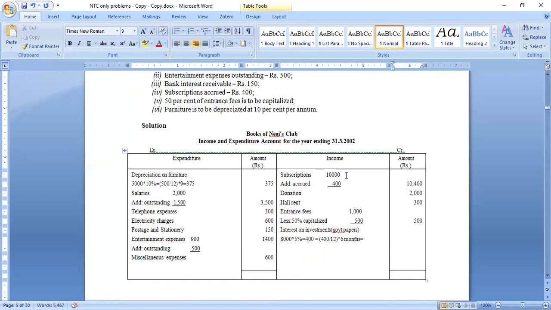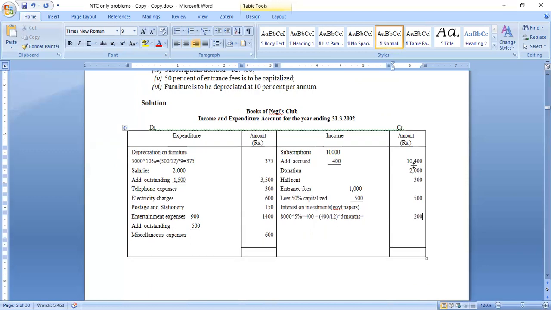So for 6 months it comes to 200. So 12,000, 13,000.